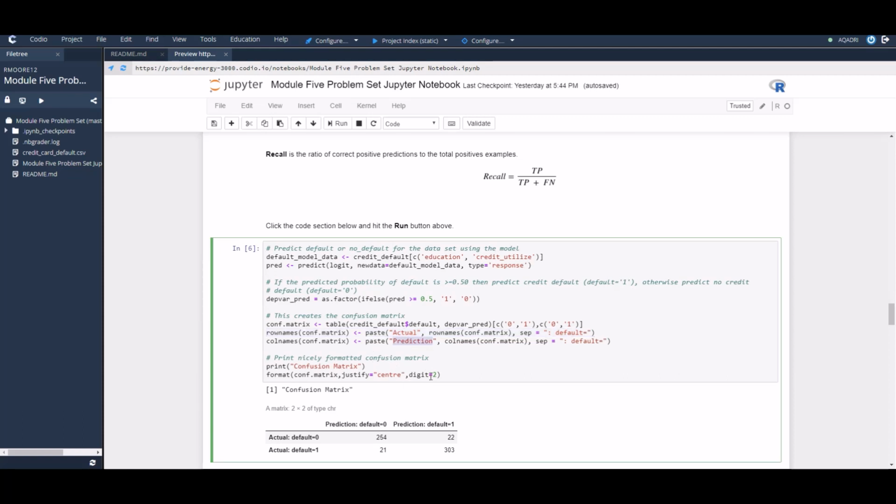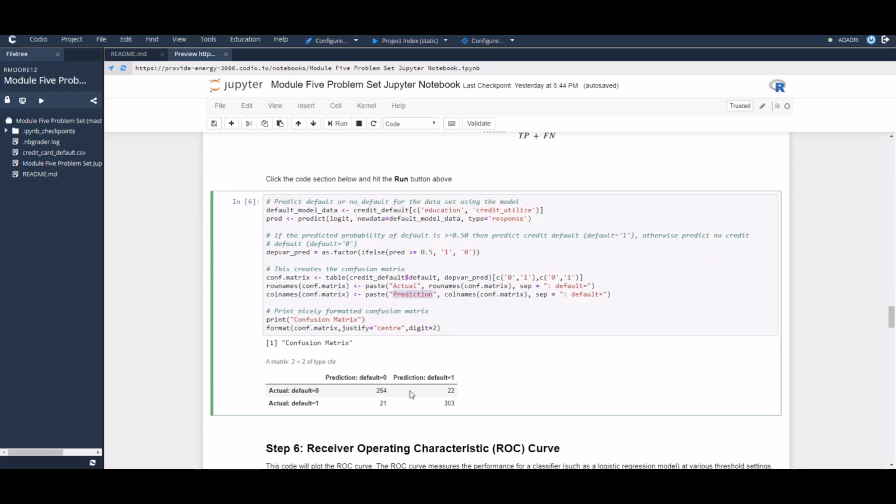So basically, we've just created the confusion matrix that's shown above, and here's the output. Okay, so you can clearly see that we're getting a pretty good model here. For the true negatives, we have 254, the true positives are 303, and the false positives and the false negatives counts are fairly low.